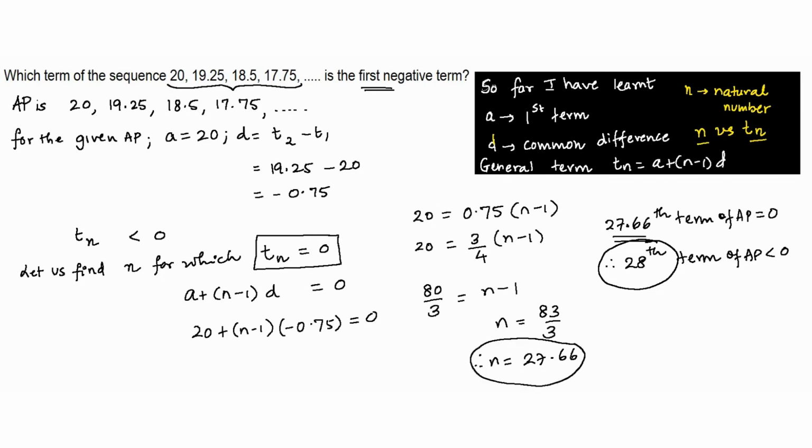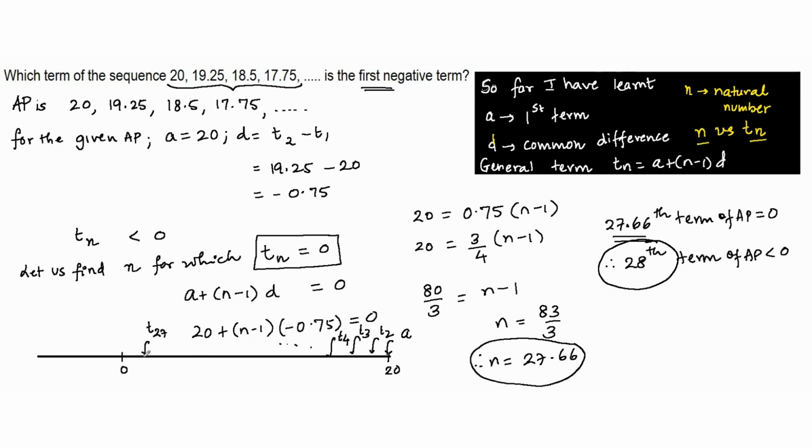So what it means is, on the number line, this is 0, right? This is positive term. So the 27th term is going to be somewhere over here. The first term starts from 20. So this is 20. This is where the first term starts. Then this is the second term. This is the third term on the number line. This is the fourth term on the number line, and so on.